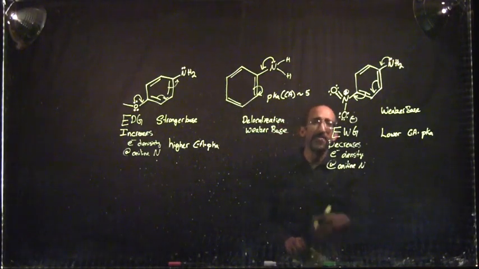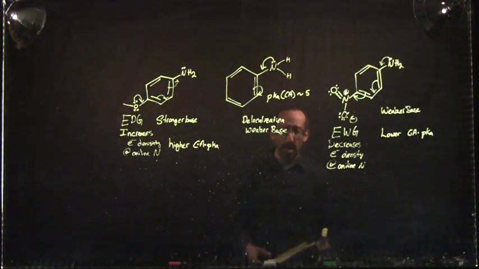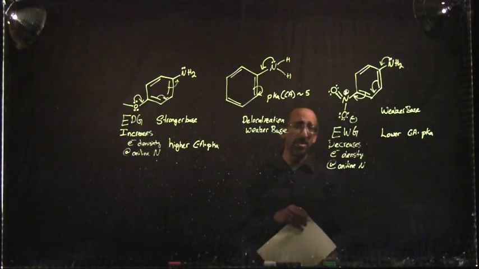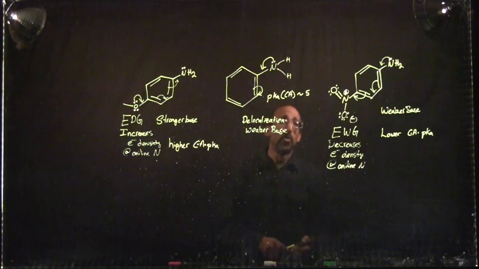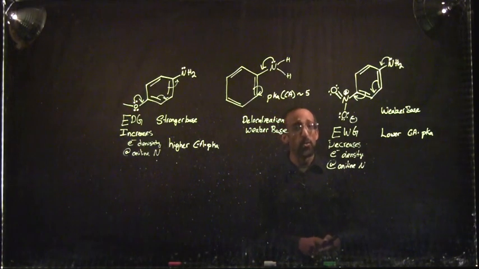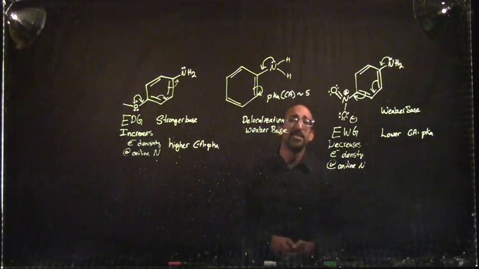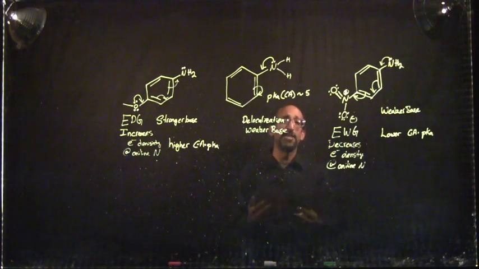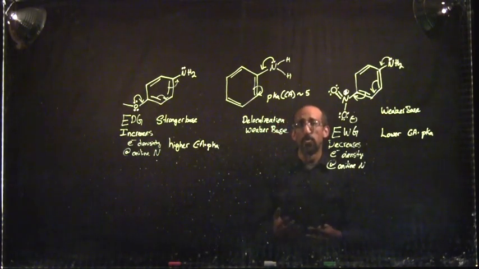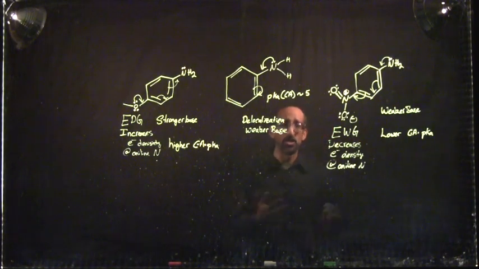Now, I've used throughout this video a lot of very specific pKa values. I will not be expecting you to do that. What I do expect of you is that you are able to compare 3 acids and rank them from strongest to weakest.